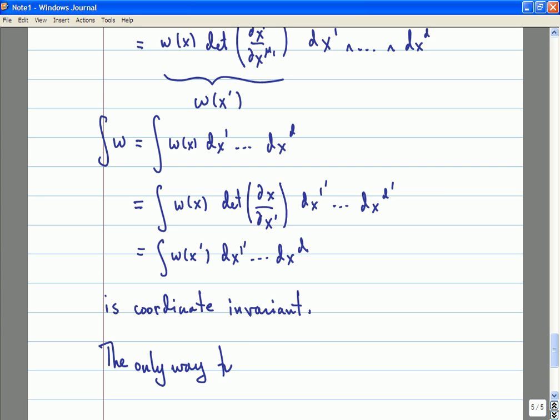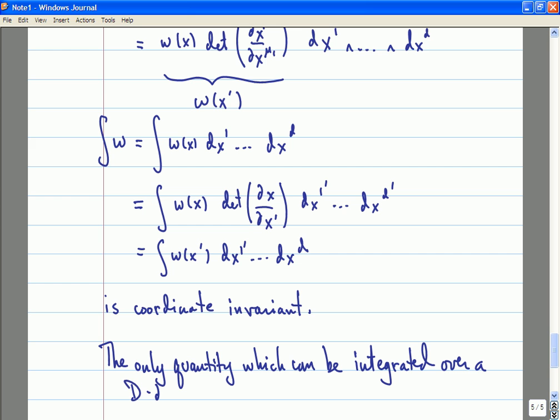Or let me say this a little more properly, the only quantity which can be integrated over a d-dimensional space is a d-form.